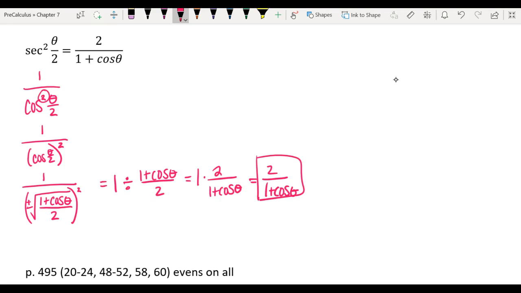What was my first part? 20 through 24? So do 19 through 23 odds. Then 48 through 52. Okay, so instead do 47 through 51 odds.